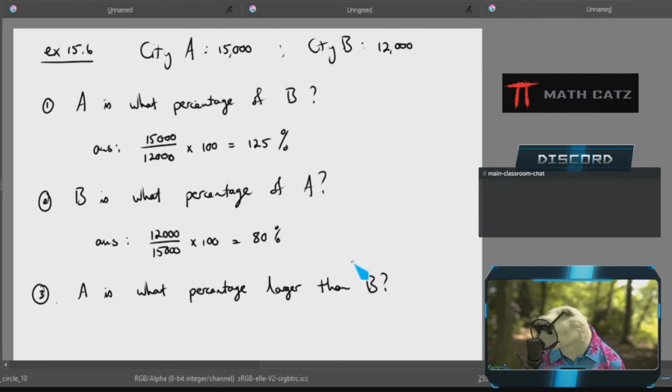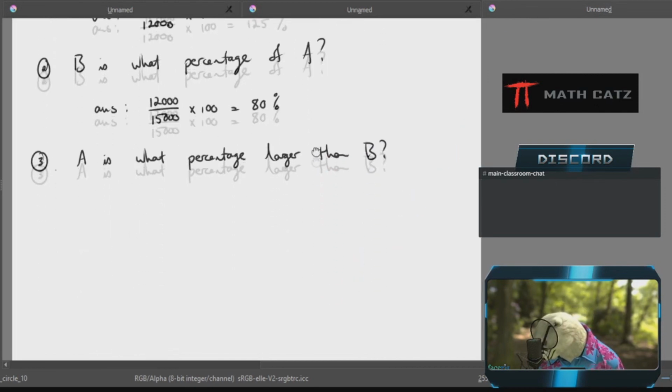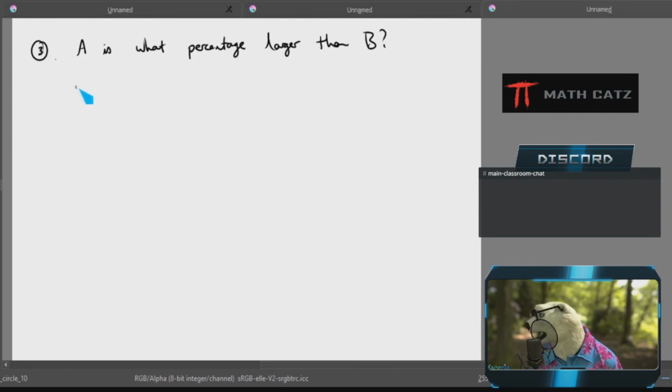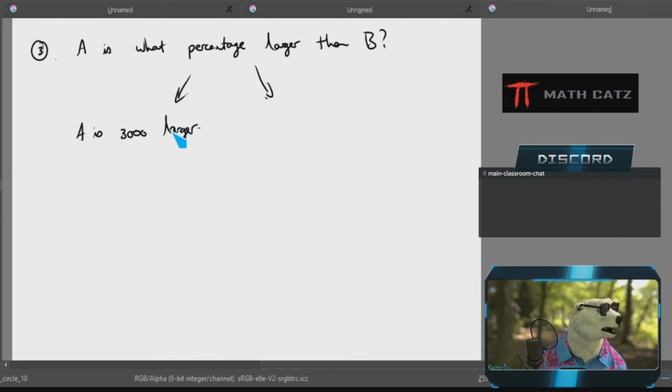Again, here I have the same thing. I can look at the change amount. A is what percentage larger than B? A is 3,000 people larger. So I can focus on the increase amount. To get A, I have to increase by 3,000.